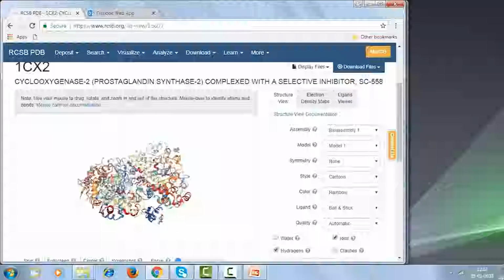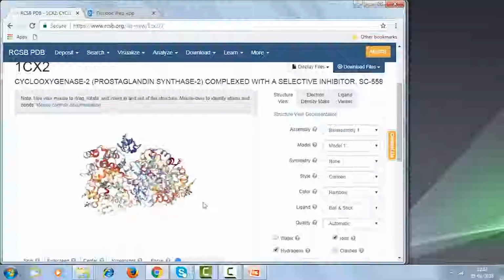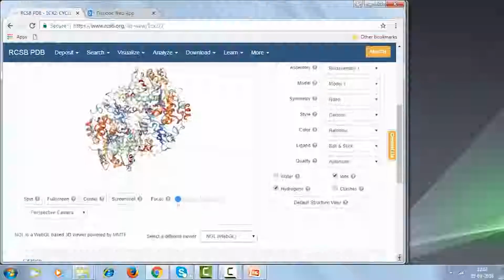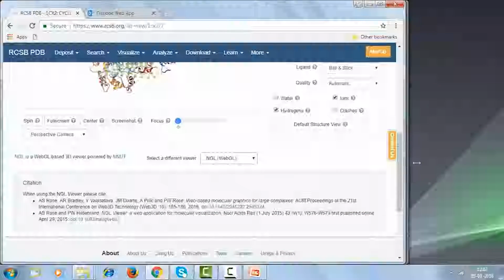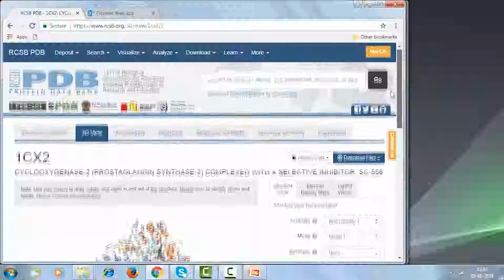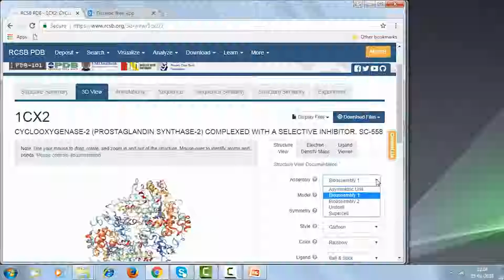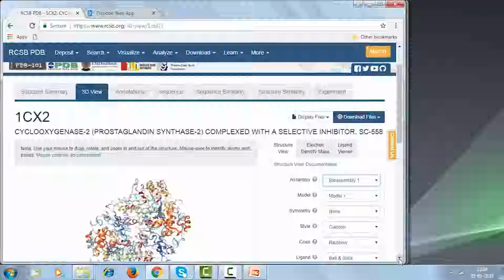This is the enzyme cyclooxygenase 2, and there is a ligand in it, a selective inhibitor SC558. SC558 is a selective inhibitor of cyclooxygenase 2.